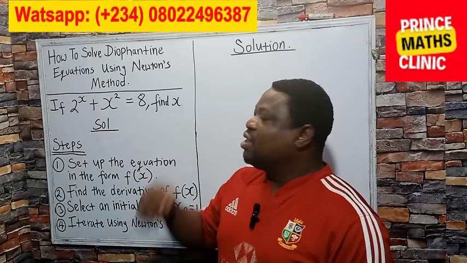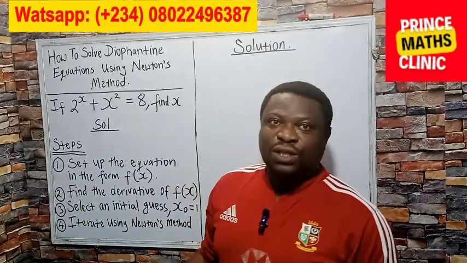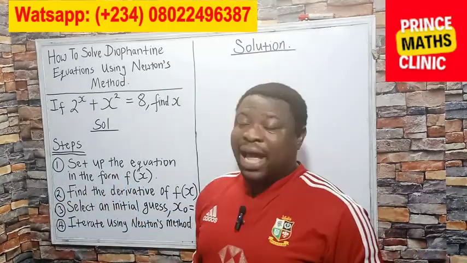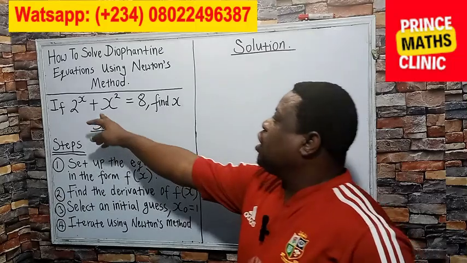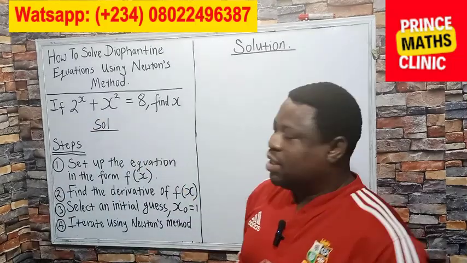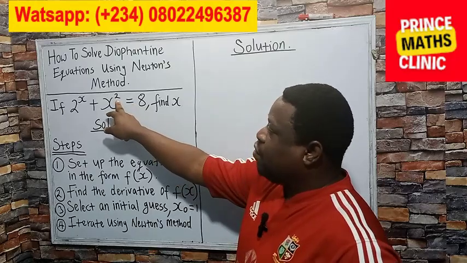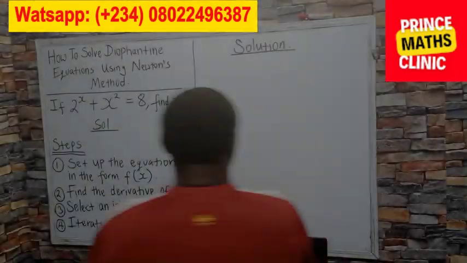So, having said that, let's look at the solution using the 4 steps I've listed on the board. The first step, like I said, is to put this equation in the form of f of x. So, I will move this 8 here. This 8 will become negative. Alright, so let's go.